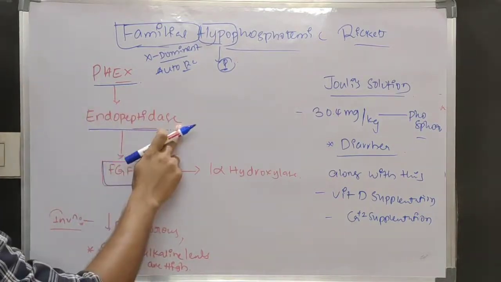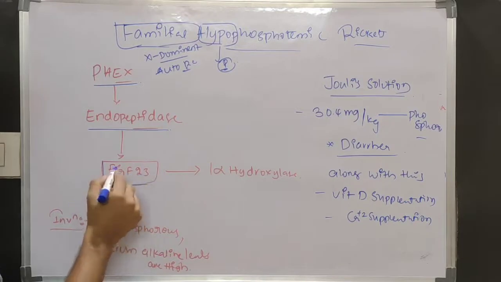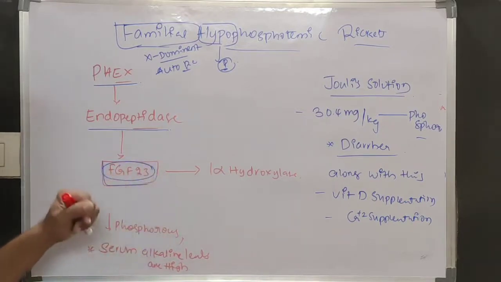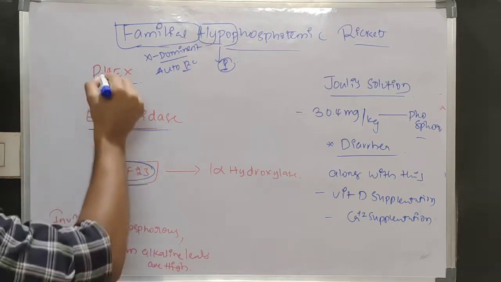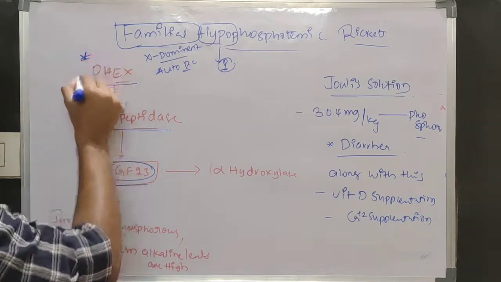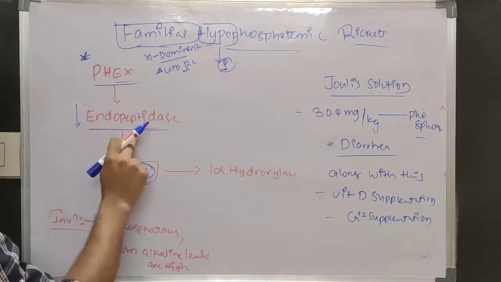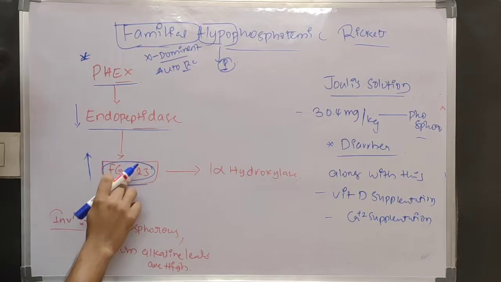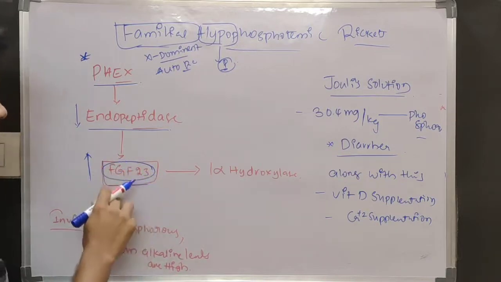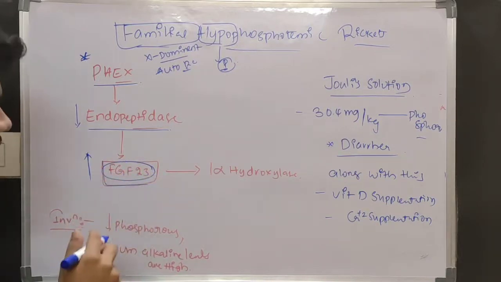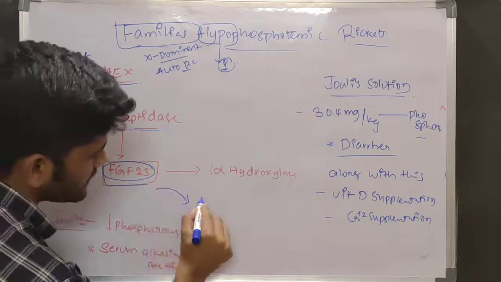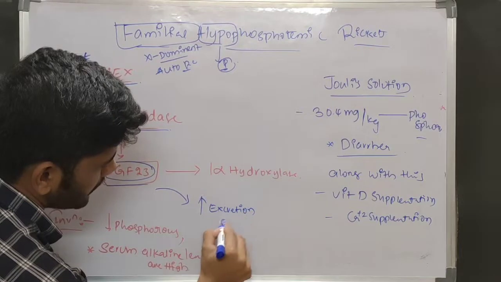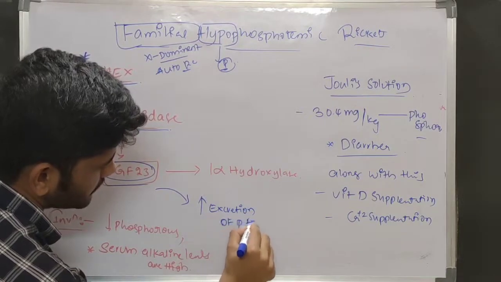This endopeptidase breaks down the factor FGF23. When there is a defect in the PHEX gene, there is reduced production of the endopeptidase, which causes increased availability of FGF23. This FGF23 factor increases the excretion of phosphorus from the renal tubules.